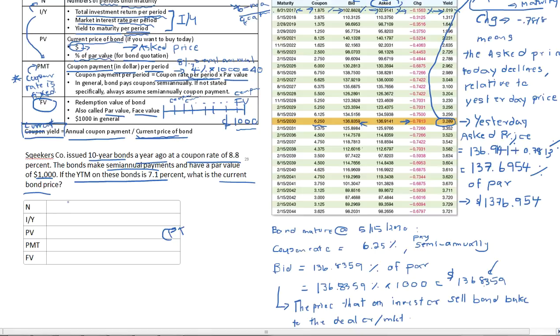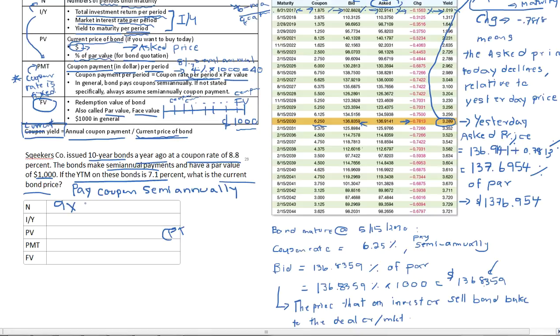This bond pays coupon semi-annually. So N will be 9 years, because this bond was issued 1 year ago, so from today until it matures will be 9.